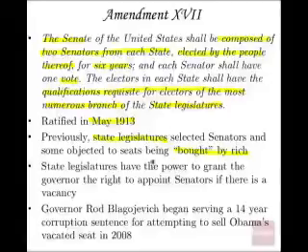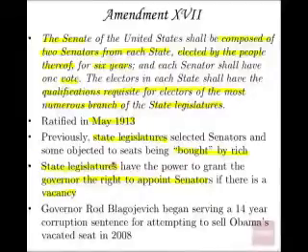So state legislatures have the power to grant the governor the right to appoint senators if there is a vacancy. So it's the state legislatures that decide whether there's going to be a special election or whether the governor can appoint a new senator. And if you know anything about politics, when you give the power to give a very high-profile seat to an individual without an election, then there's also going to be a level of corruption, right?